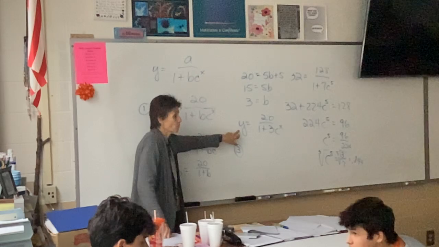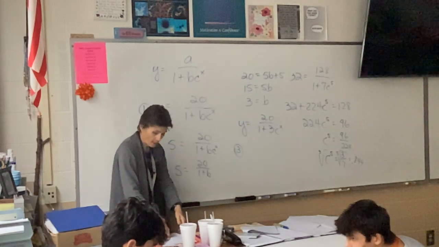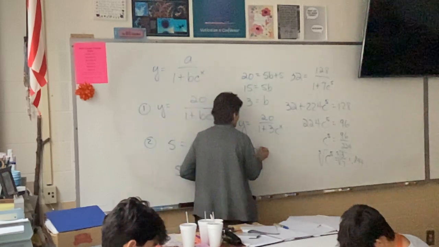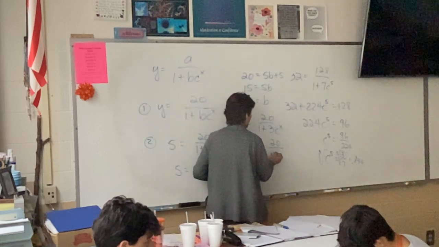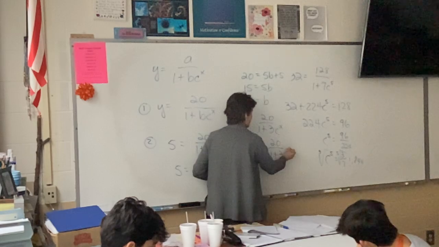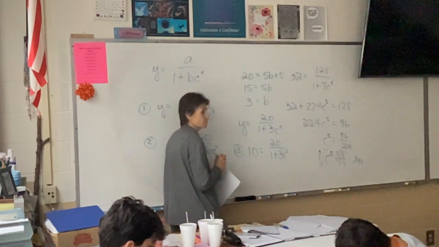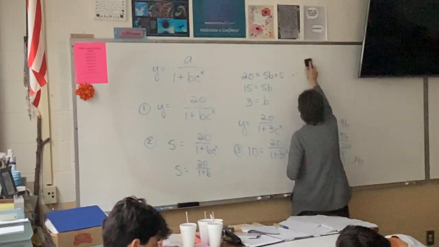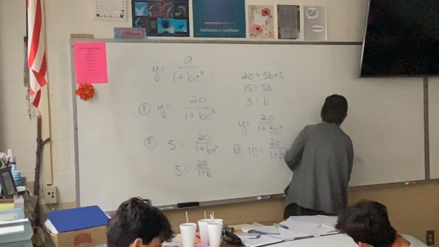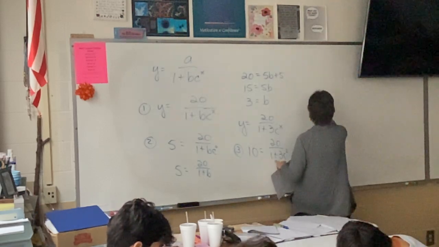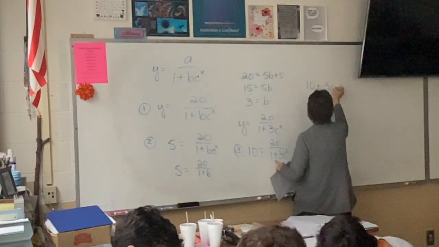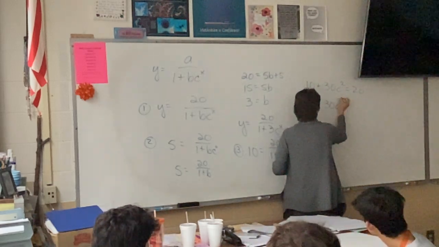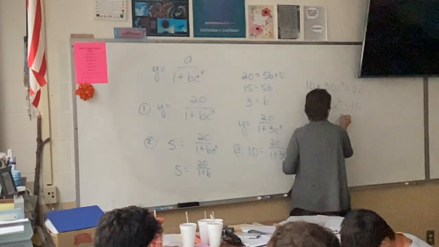So now I'm ready to do my last one, which is the random point. 2, 10 equals 20 over 1 plus 3c squared. And then I multiply over my denominator. So 10 plus 30c squared equals 20. 30c squared equals 10.